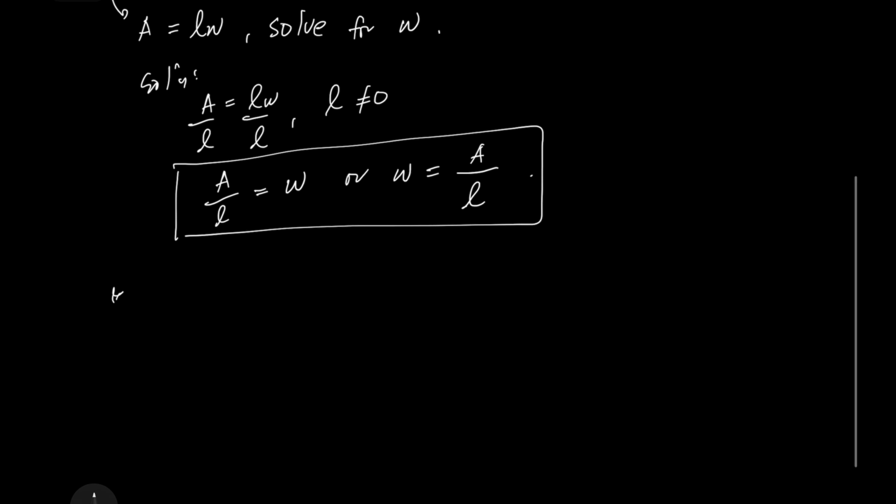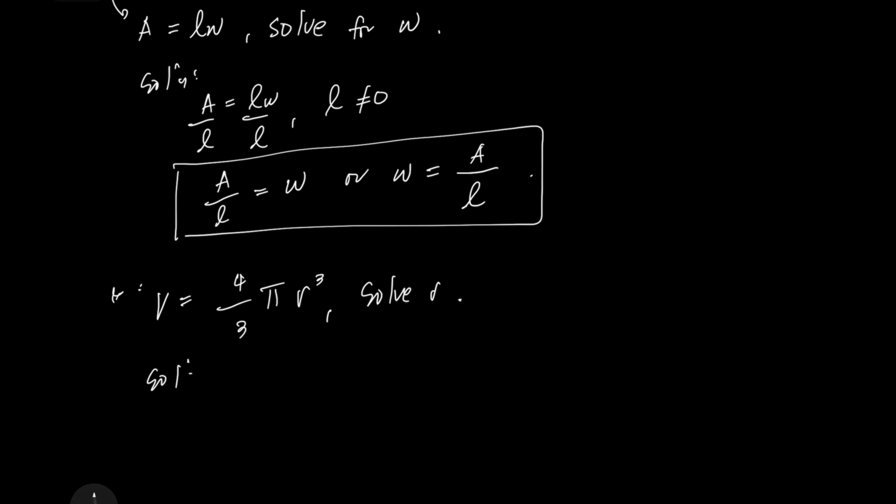For this one, V is equal to 4 over 3 pi r cubed. If we are asked to solve for r, meaning find or express r in terms of the other variables, in terms of V, in terms of the pi there. So we can just have V is equal to 4 over 3 pi r cubed.